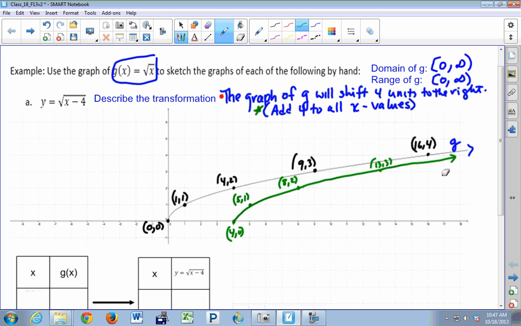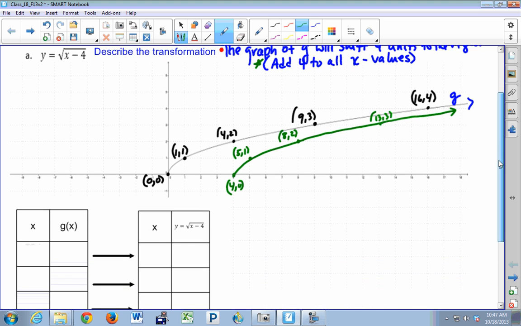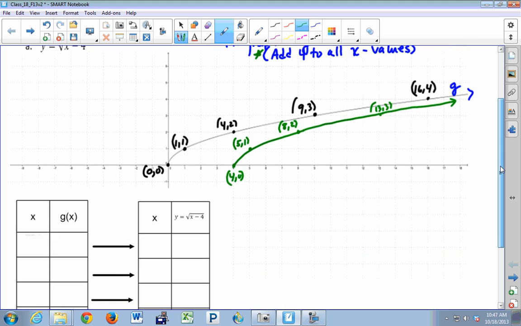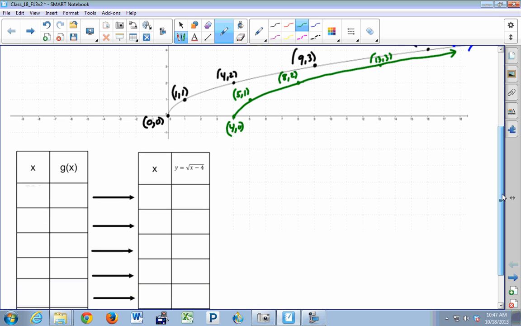So some people like working like that. Other people literally like going down to their table. They make a table with the coordinates of their original function g, and they'll say 0, 0, 1, 1, 4, 2, 9, 3, 16, 4. And then usually I would suggest putting it in as coordinates right beside it like this.